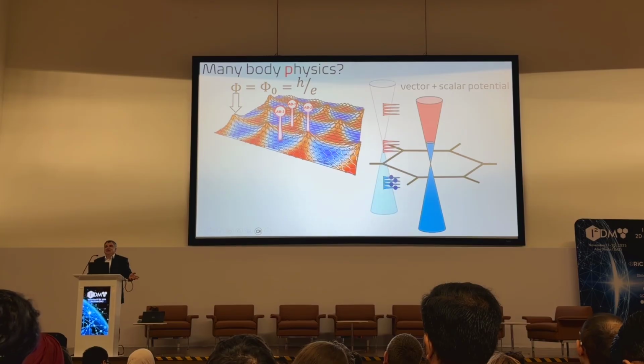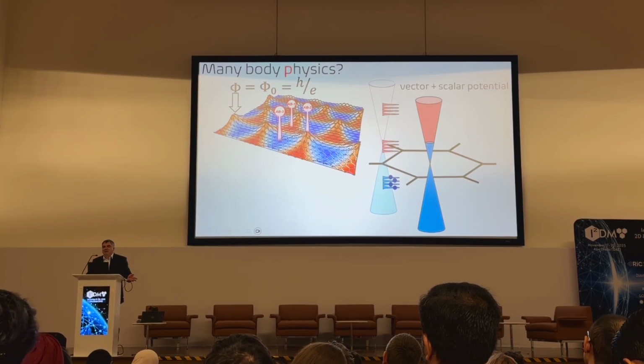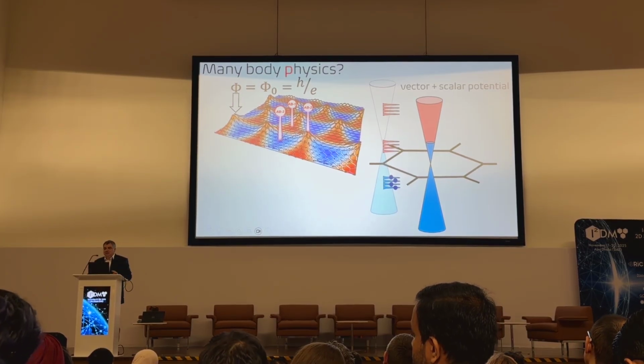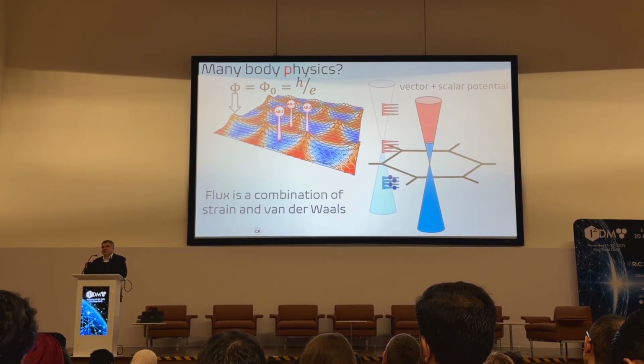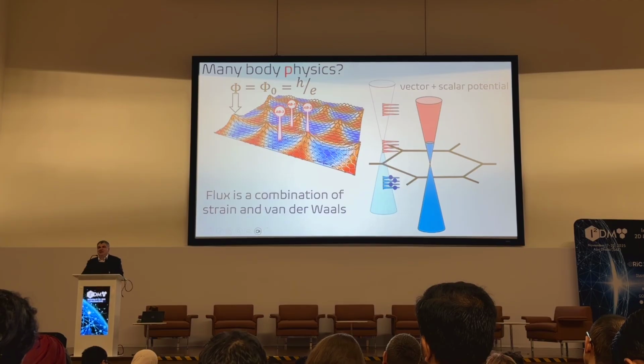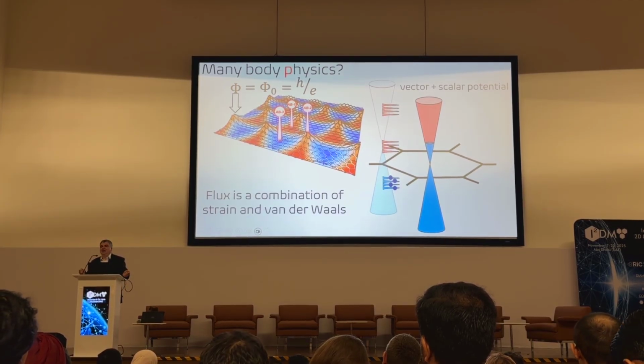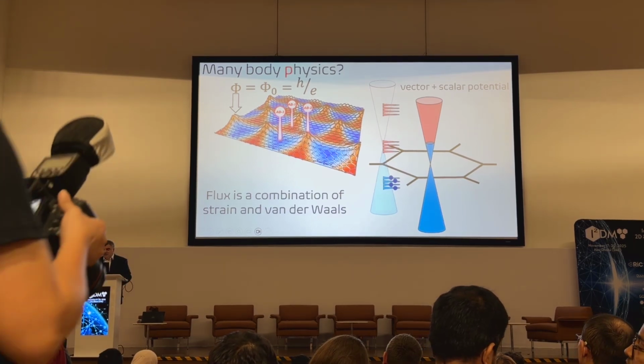But this flux doesn't know about the Moiré pattern at all. It's just local strain, the combination of strain and the van der Waals, and it doesn't need to be an integer number at all.